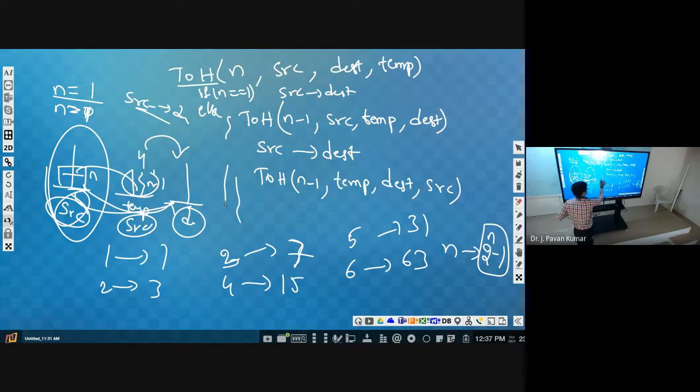Like if we have 4 here, then how we will manage? Ultimately we have to bring the last one to this one, means we should not have it here or here, somewhere here. So in order to move this one, it is like n by 2, can we say n by 2 number of steps.